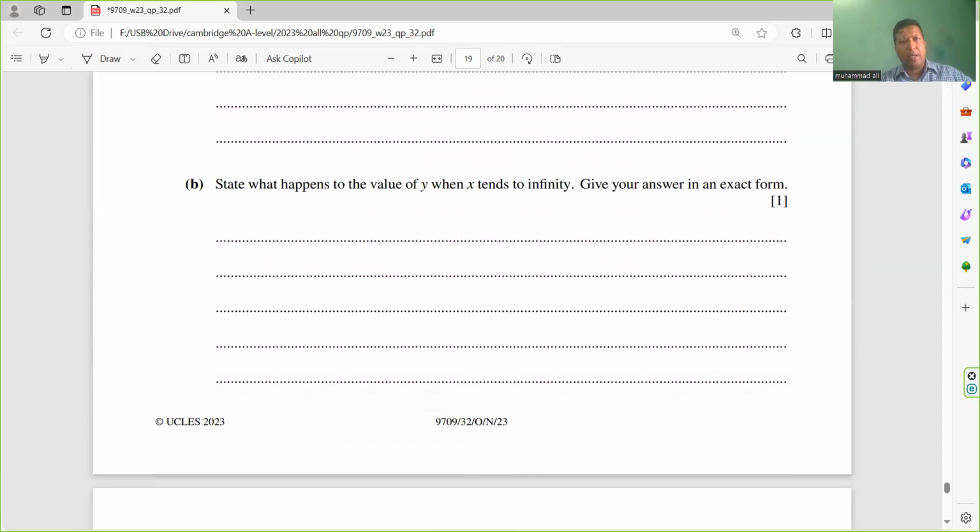Now, the second part: state what happens to the value of y when x tends to infinity. Give your answer in an exact form. So x tends to infinity. We got y equals to e to the power (1 by x minus 1) divided by (2 minus e to the power (1 by x minus 1)).